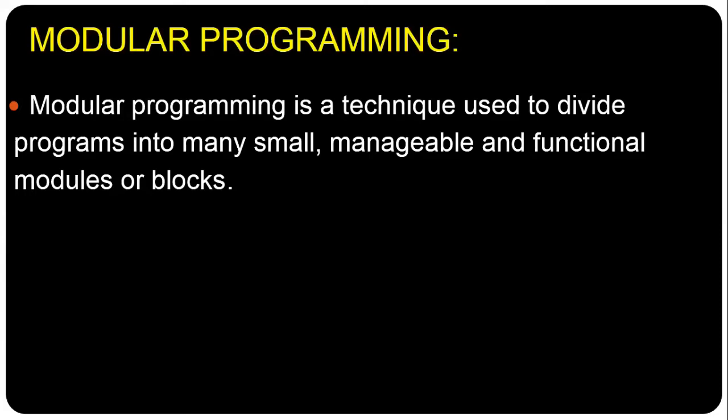Okay, so suppose you have a larger program with a larger number of codes. The best thing is, we divide that particular code into small units, and those small units are known as modules. It is also known as blocks, or sometimes sub procedures.